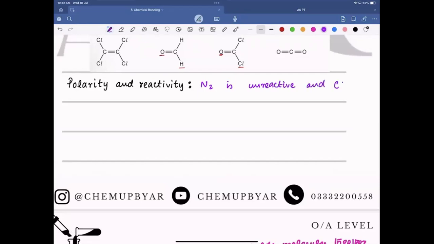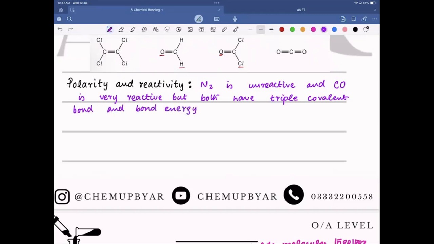What about carbon monoxide? Is it reactive or unreactive? It's a poisonous gas. It is very reactive, right? Yes, sir. But what is common in them? Both have a triple covalent bond, and the bond energy is almost the same.